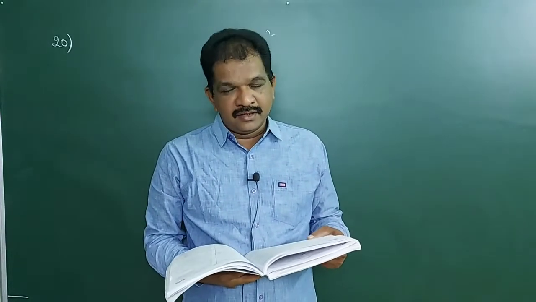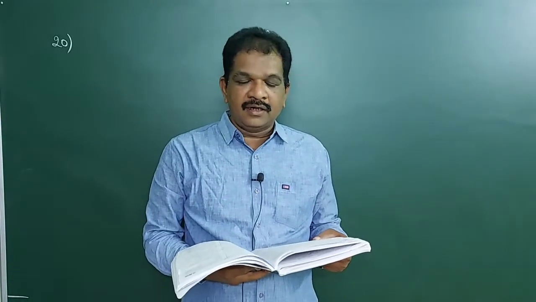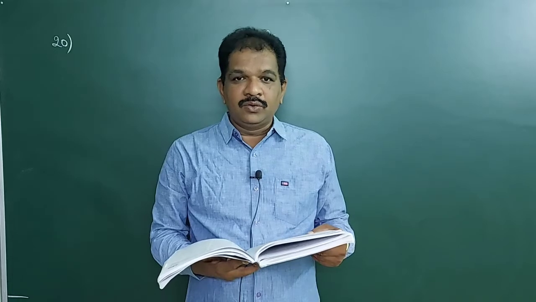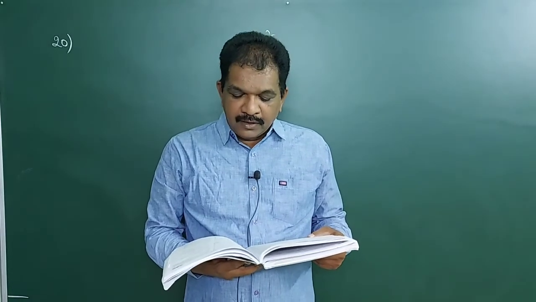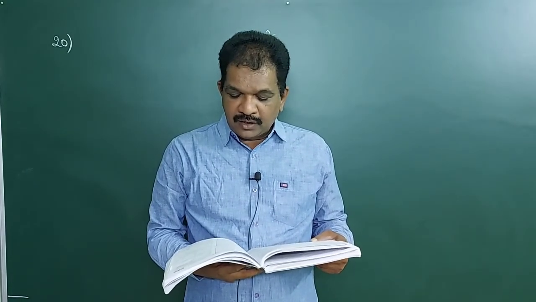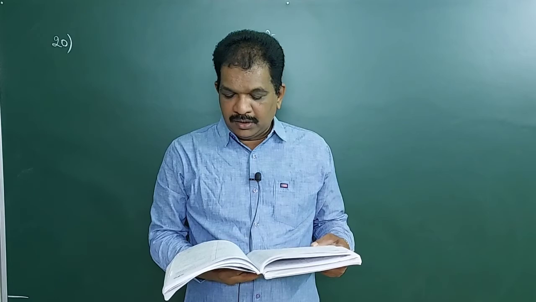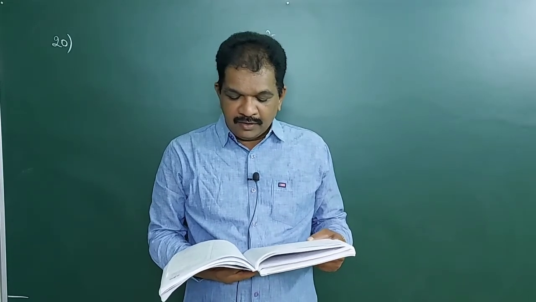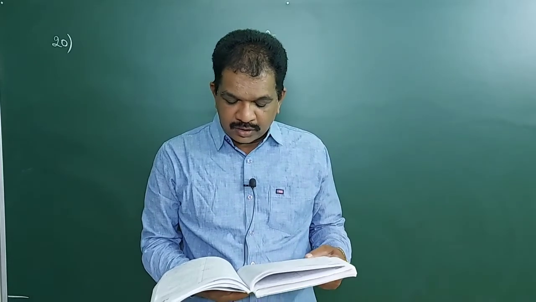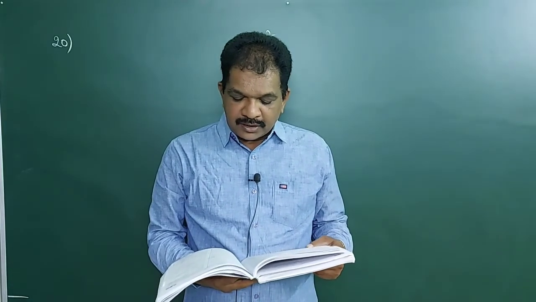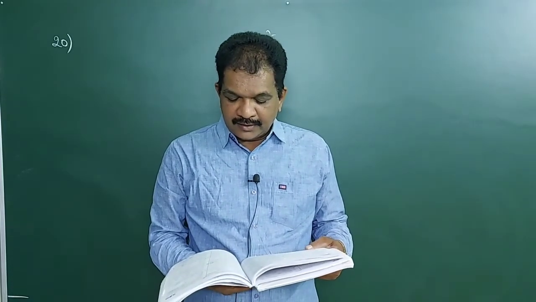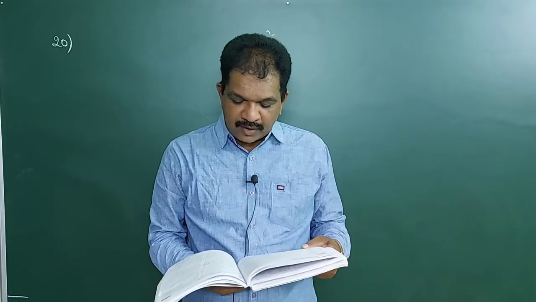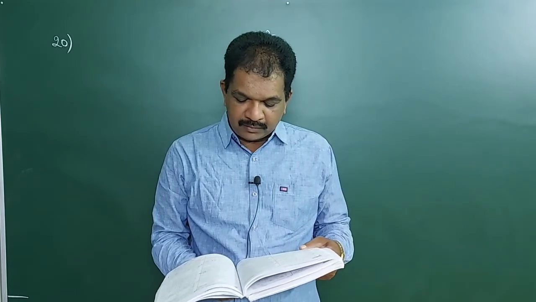From some state, the nth state, the electron jumps into the ground state. The wavelength of the emitted radiation illuminates a photosensitive material having work function 2.75 electron volt. Stopping potential of the photoelectron is 10 volt. The value of n will be?